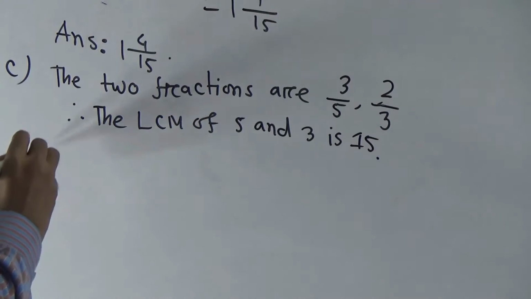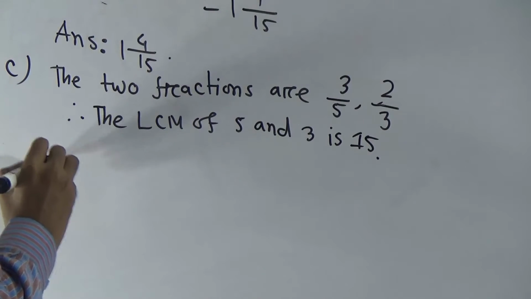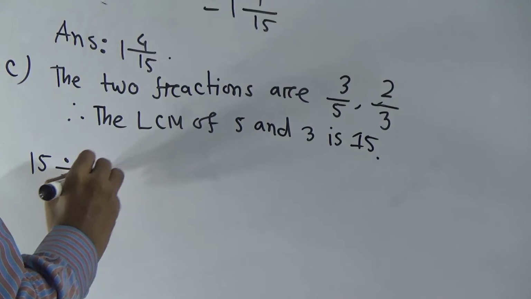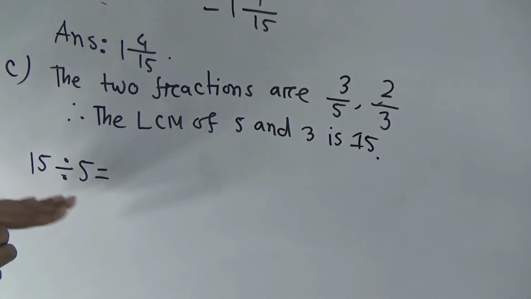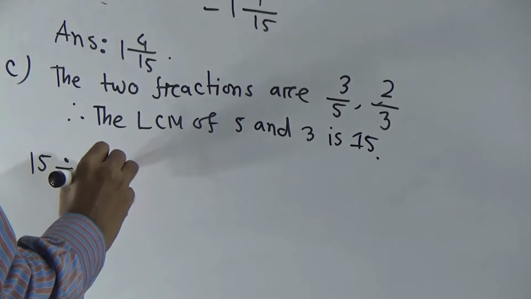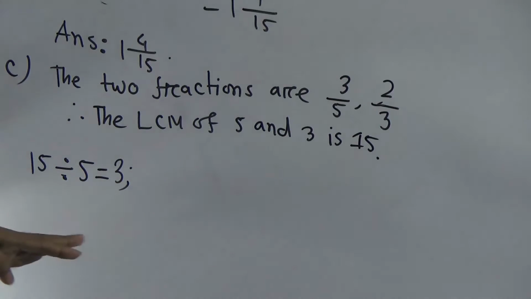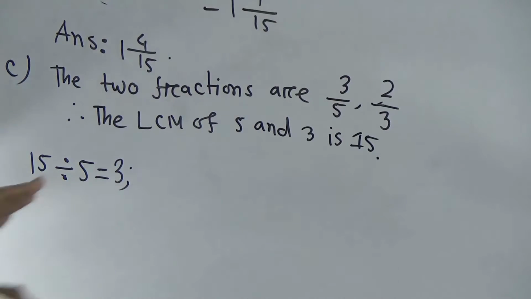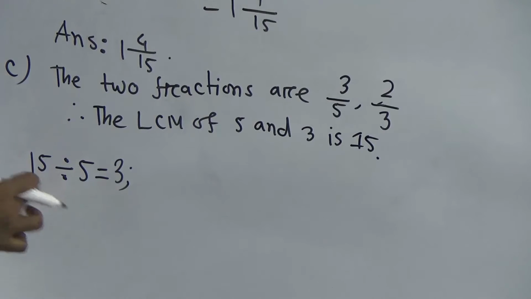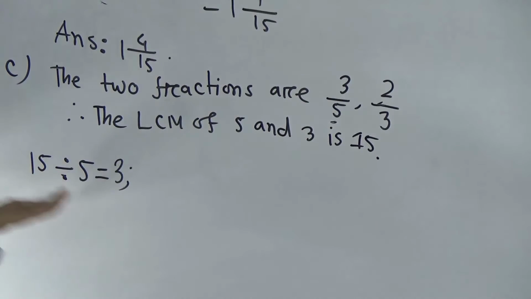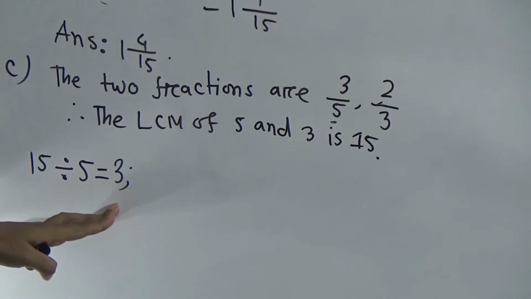Now write here 15 division 5 equal to what? 15 division 5 equal to 3. Look, this is the LCM, so you divide that LCM by this denominator 5. 15 by 5 equal to 3.